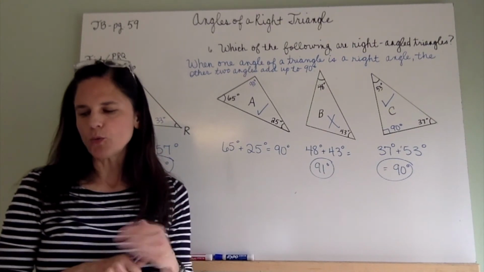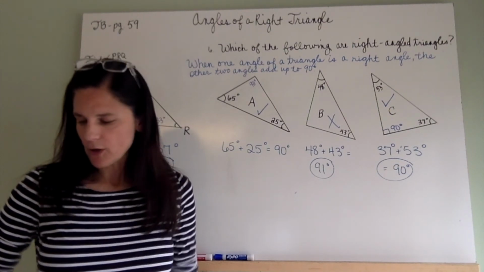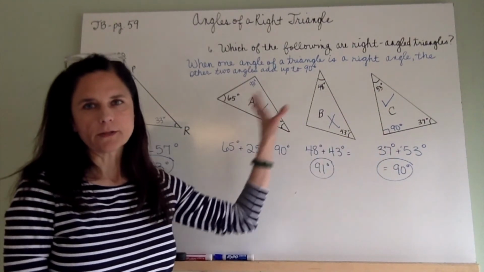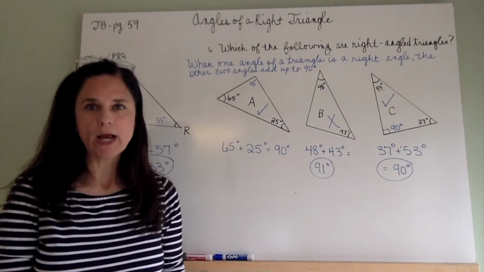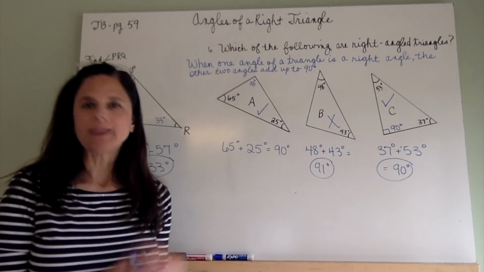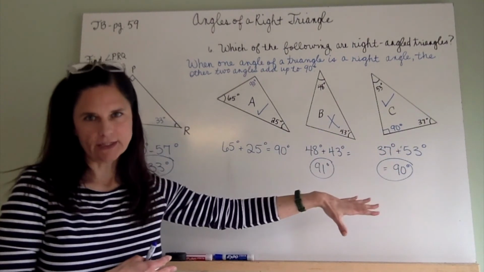And tomorrow, when you complete your exercise in your workbook on page 68, it's really the same type of problems as these that we've done here. You're going to be given a variety of different triangles with some unknown angles, and you're going to be asked to determine, is this a right-angled triangle? And you can just use this method that we've done here today.